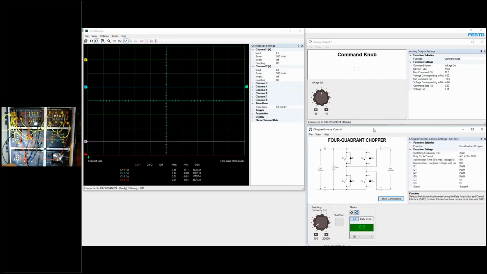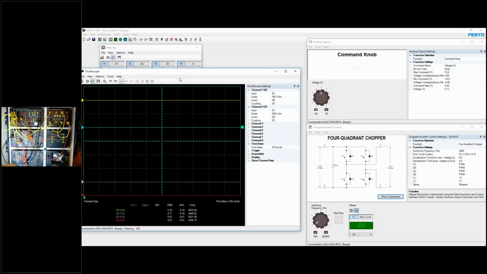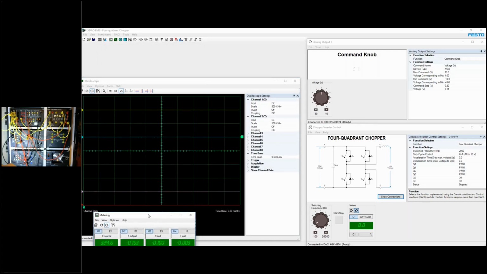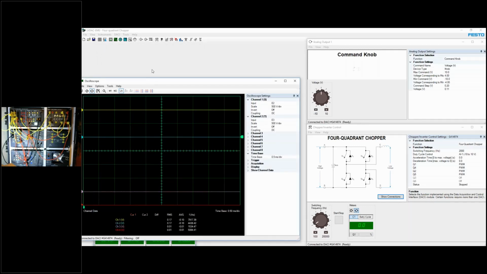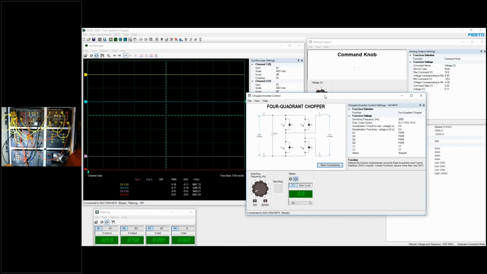This here, so you can see now that the function I'm using is the 4-quadrant chopper instead of the buck chopper. And I have my meter set here to be able to observe my voltages perfect like this. So the 4-quadrant chopper, you can see the schematics, same one as we just did, the same kind of control, the switching frequency that I will set now at 2000 Hertz, the duty cycle control.